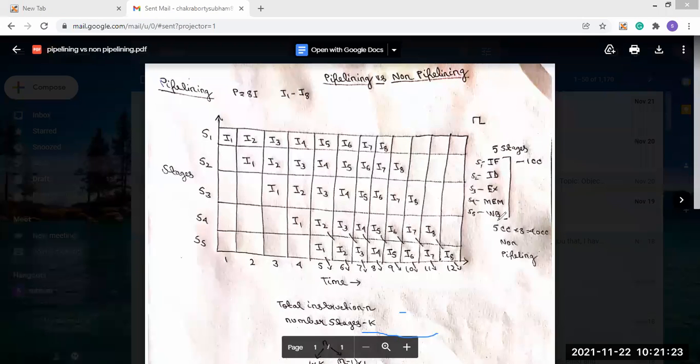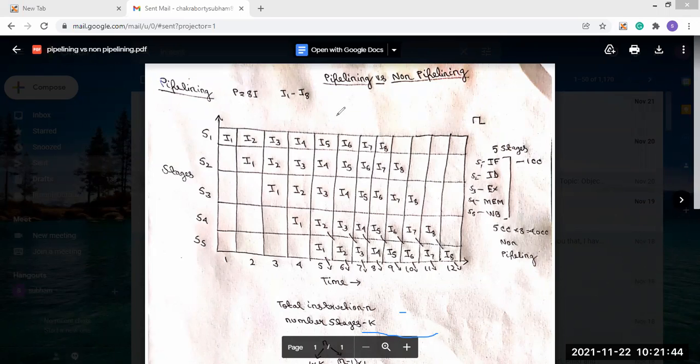That means we have 5 stages and each stage requires 1 clock cycle. So the total clock cycles will be 5 into 1, that means 5. To execute these 5 stages, we require 5 clock cycles.